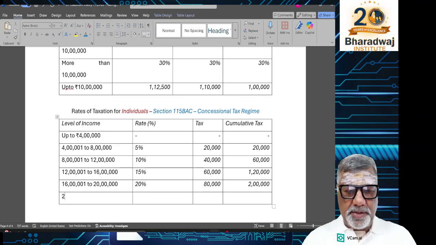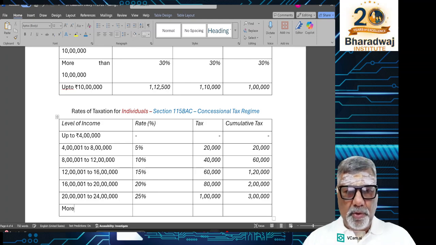Again, increase by 1 lakh at 25%, it will become 1 lakh, and the cumulative will become 3 lakhs. So more than 24 lakhs is taxable at 30%.